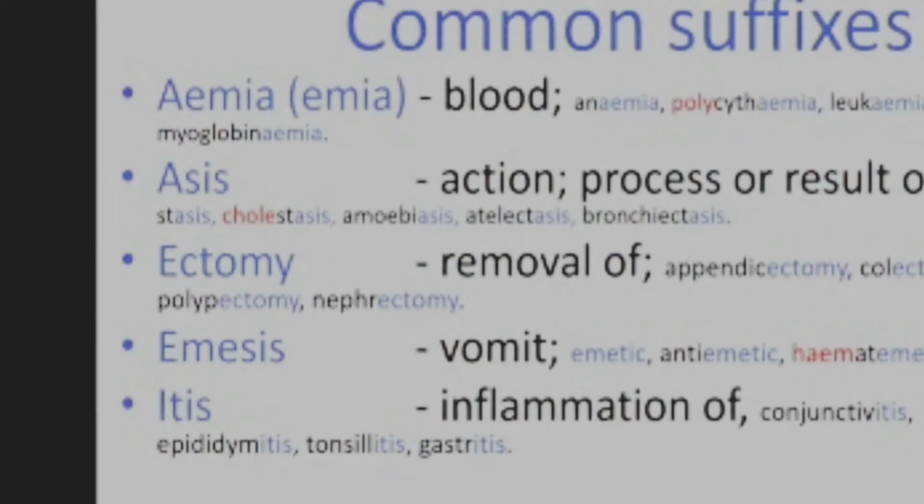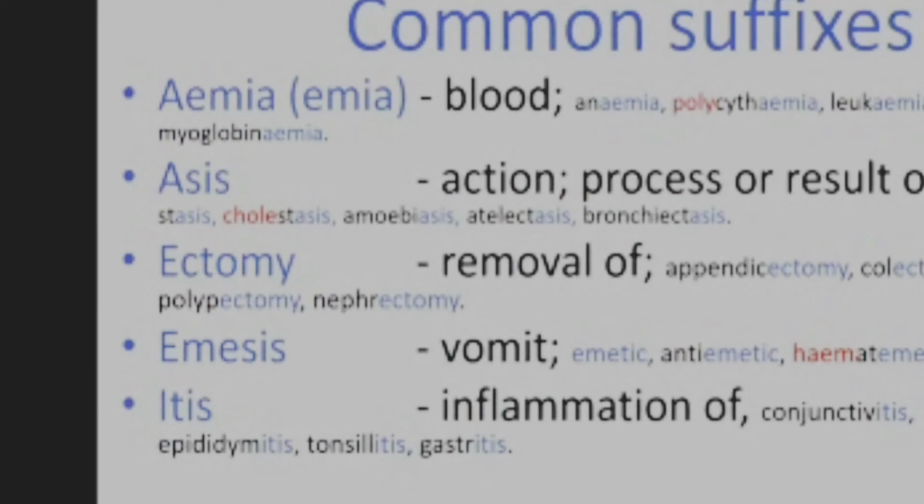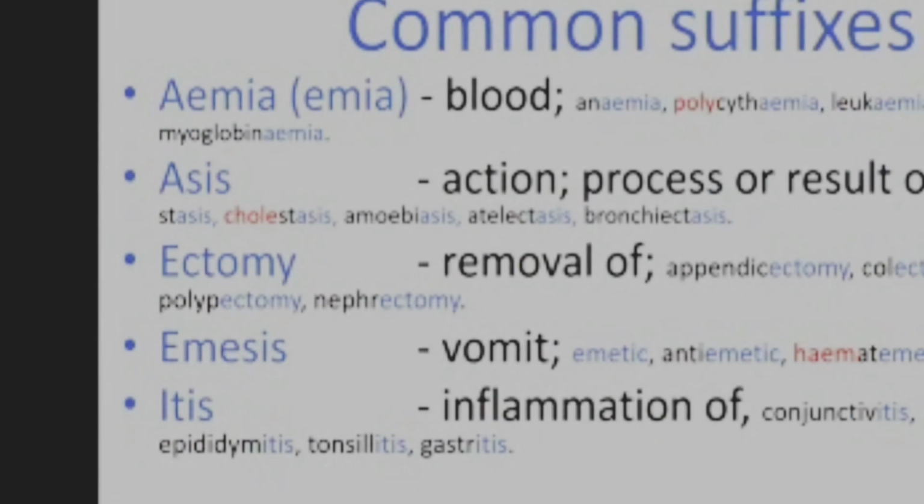So, coming to some more suffixes. Anemia is loss of blood. I've talked about this: anemic means an insufficient amount of blood, or deficiency. Polycythemia, leukemia. Leukemia is a kind of blood cancer actually. In the blood itself, we have WBC and RBC, and we have sickle cells.